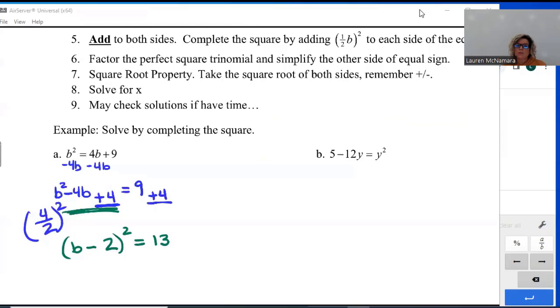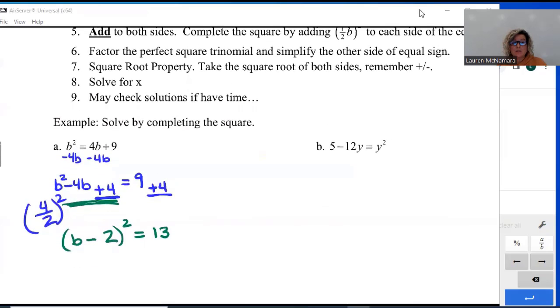Square root property. So you're looking at this and you see I have something squared, right? So I'm going to cover that up. That's where my B is. My B is inside there, but I'm going to cover it up and say, I want to unsquare it. What do I have to do to unsquare that? That's when I use the square root property.